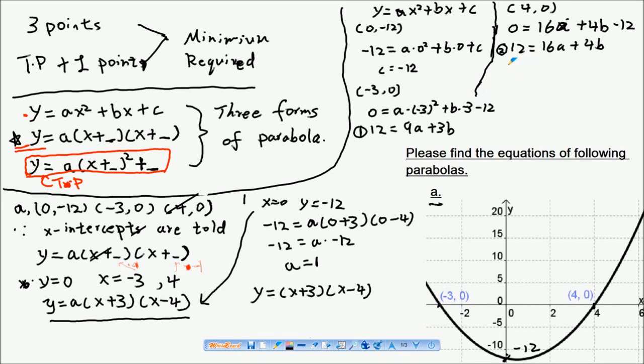The idea to solve it is this: we have 16a here and 9a in the other equation, and 3b and 4b, so equation 1 has to be divided by 3 and multiplied by 4, then subtracted from equation 2.